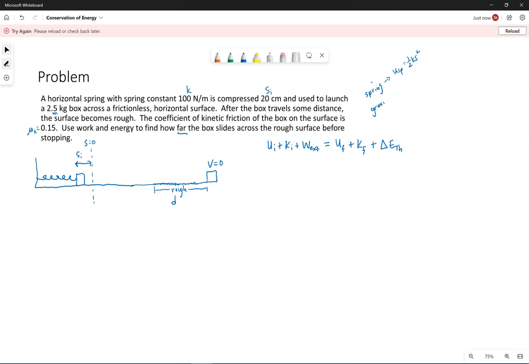Gravity, we account for in terms of gravitational potential energy, which in this case, since the floor is horizontal, we have y initial equal to y final. So gravitational potential energy will not come into play. Motion is accounted for in terms of the kinetic energy.